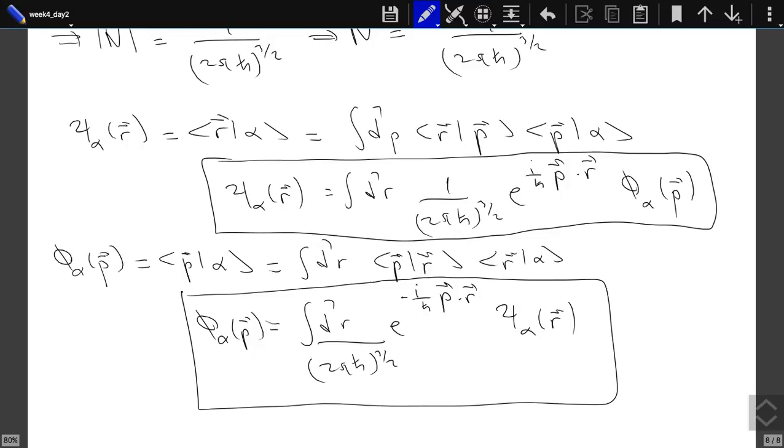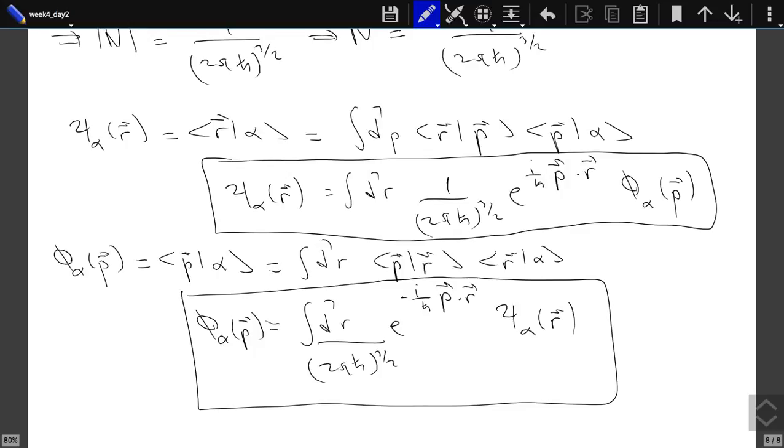Of course, you can choose one basis and then prefer to represent your ket in terms of the expansion coefficients in that basis, or you can choose a different basis and hence represent your same ket using the expansion coefficients in this different basis.